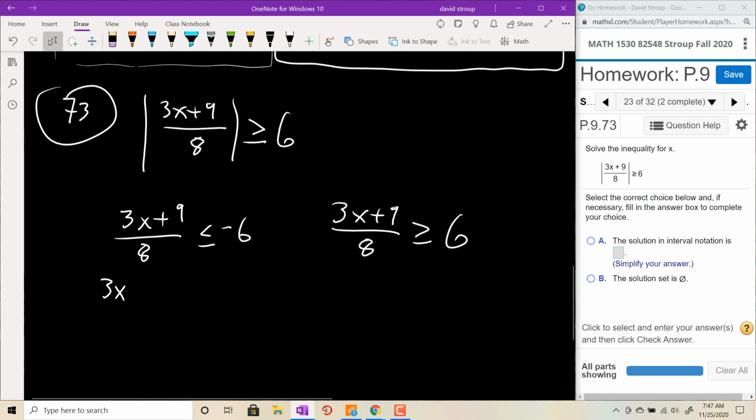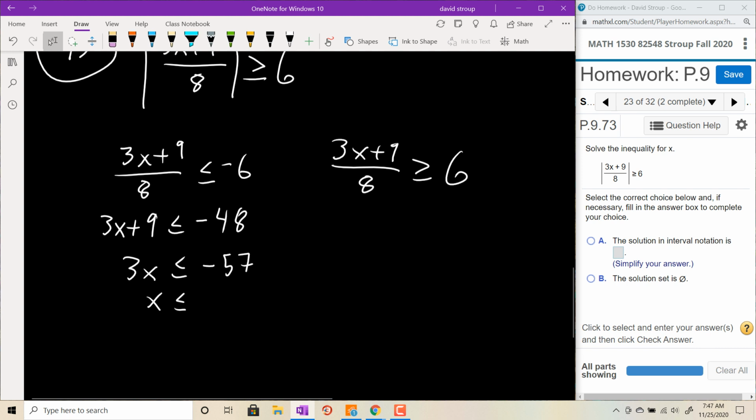All right, so 3x plus 9 less than or equal to -48. Subtract 9 from both sides, -57. Divide both sides by 3. Be careful if you divide or multiply by a negative, you have to change the direction of the inequality. Thankfully here we don't have to do that.